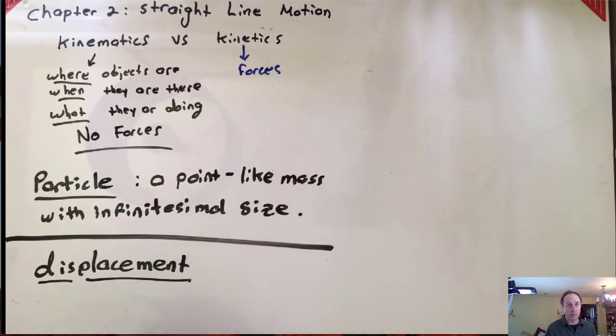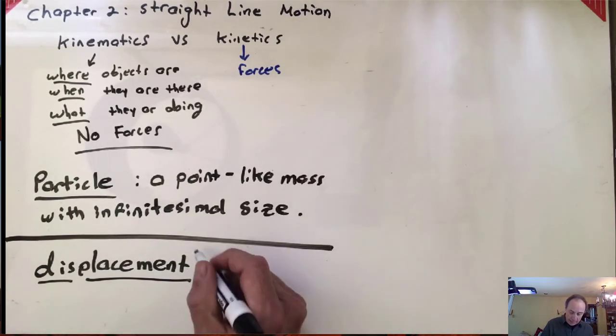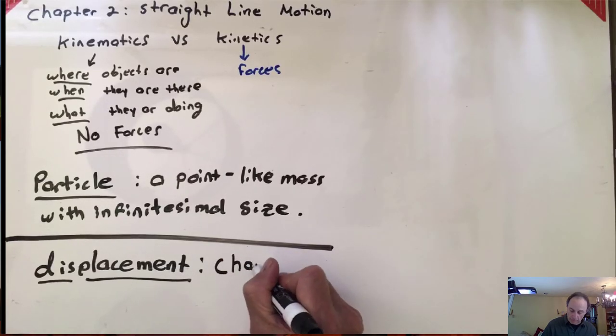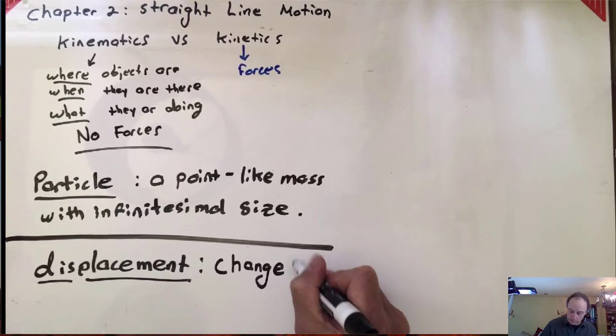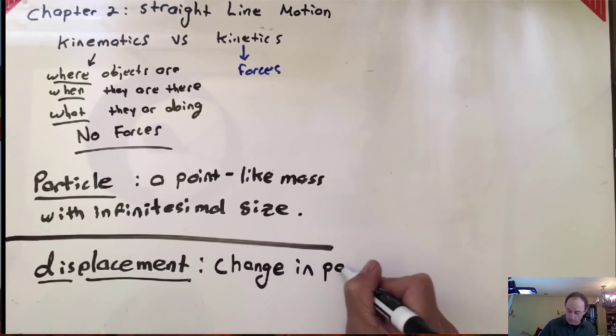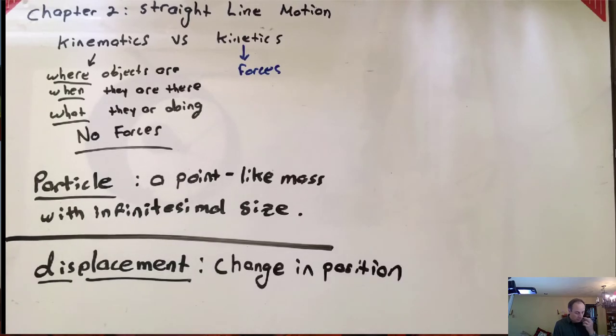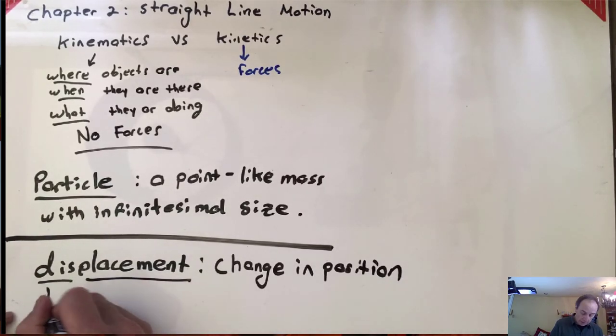This is opposite or negation, and placement. So you're changing the placement is a way to think about that. So it is a change in position. It has dimensions of length.